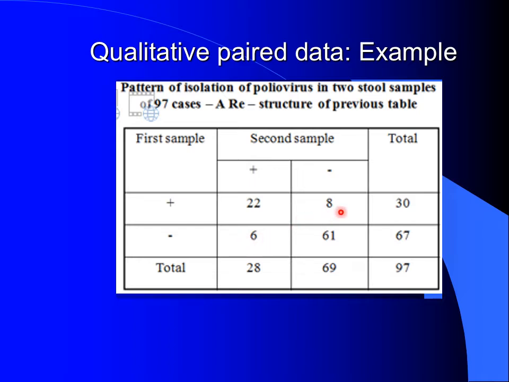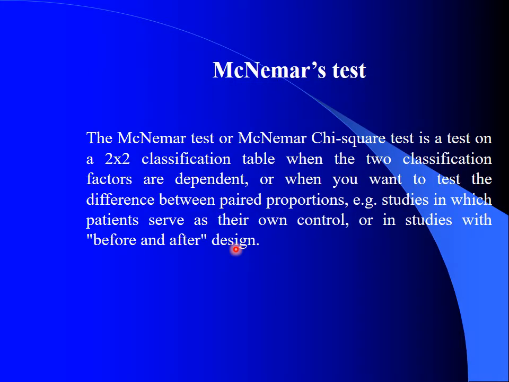These two are discordant cells, and the analysis of this kind of data depends on these two cells. So for this we use the McNemar test. The McNemar test or McNemar chi-square test is based on a 2 by 2 classification table.